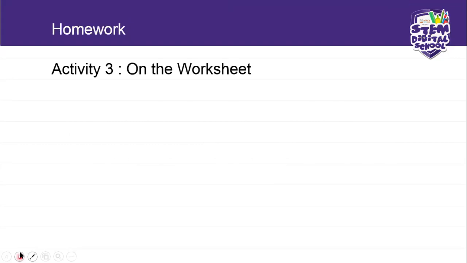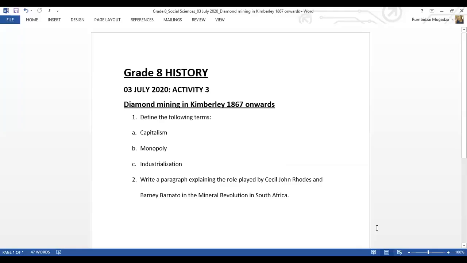Okay, your homework for today. Let me just show you the activity. This is your homework. Diamond mining in Kimberley, 1867 onwards.